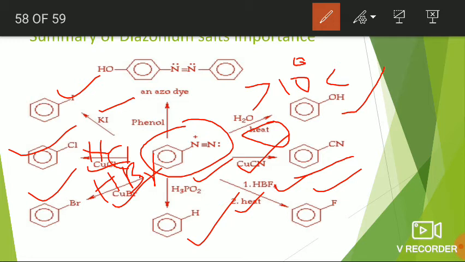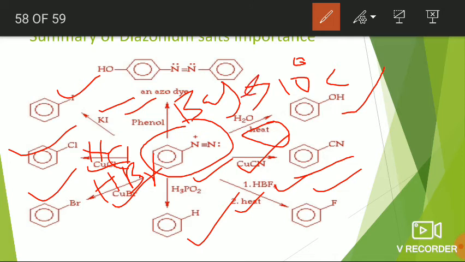Generally coupling reaction takes place between the diazonium ion and phenol or amines in the presence of base and acid media respectively. That is treatment of diazonium salt with phenol, generally in the presence of base media.